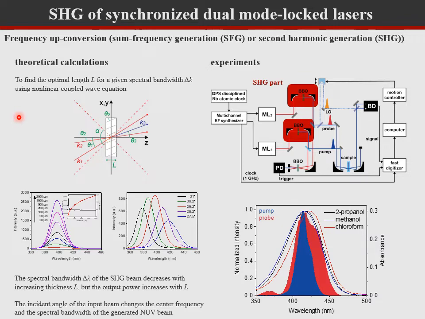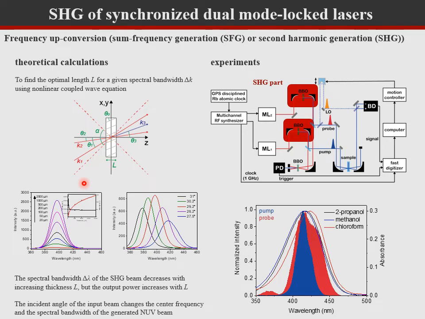Based on our simulation, we found that the spectral bandwidth Δλ of the SHG beam decreases with increasing thickness L, but the output power increases with L.